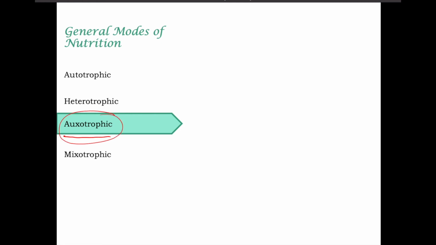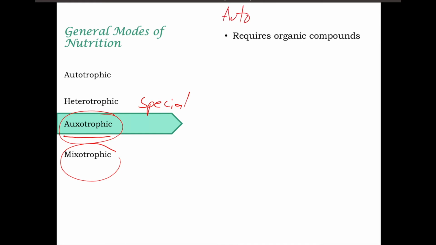These two, this one and this one, are what we call the special types of your general modes of nutrition for this algae group. Your auxotrophic organisms are also autotrophic in nature.